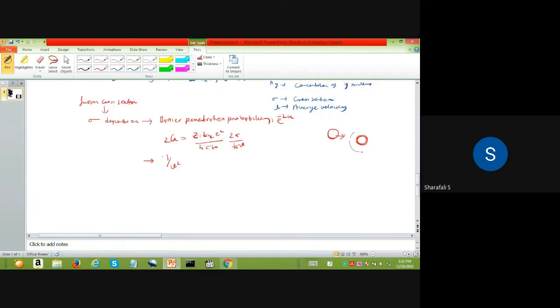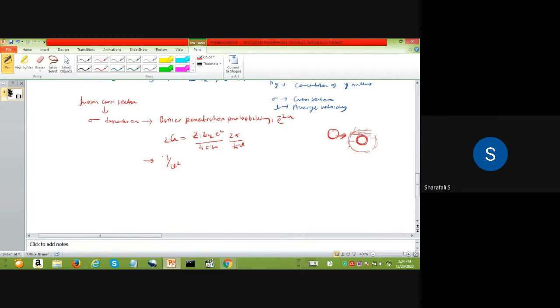So what is the minimum area around the second nucleus where the first nucleus has to be, where nuclear fusion can happen? That is the fusion cross section area, or simply fusion cross section. So this is an area.